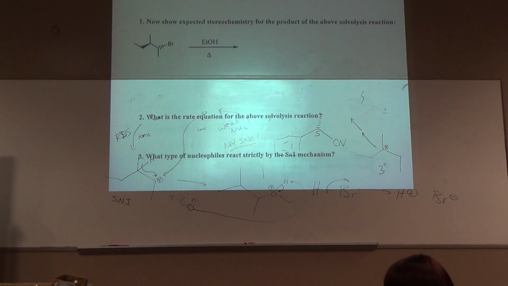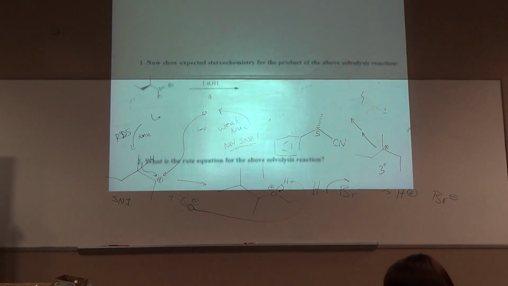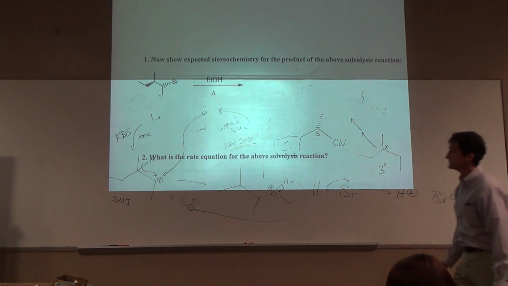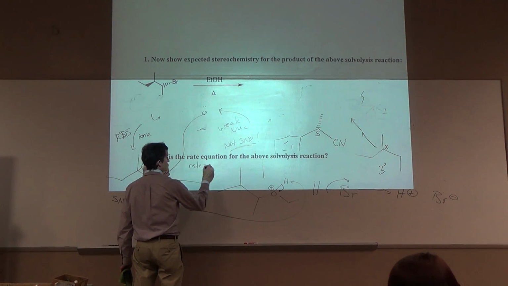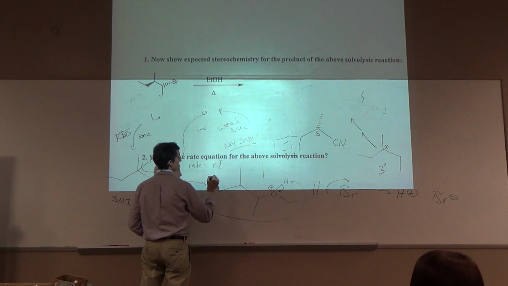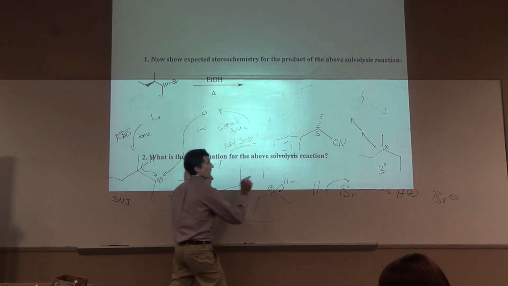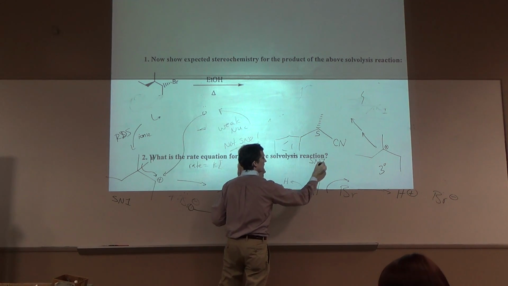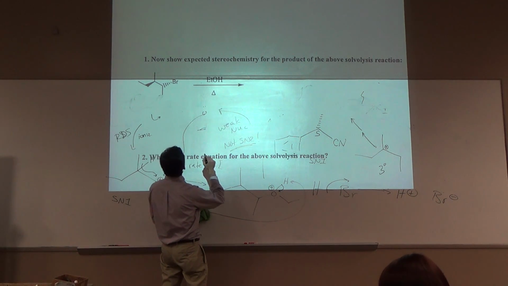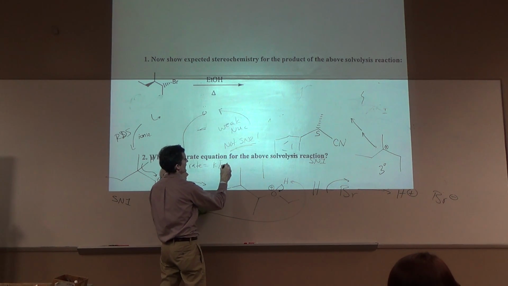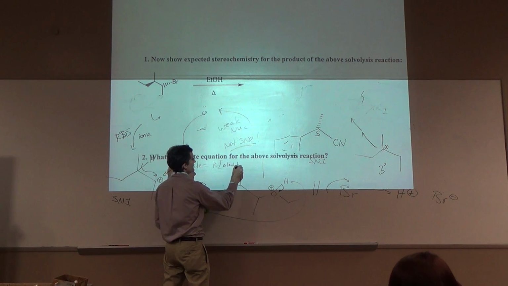What is the rate equation for the above solvolysis reaction? Rate equals some type of constant times what? We've already said it's SN1. So what's here? Alkyl bromide.